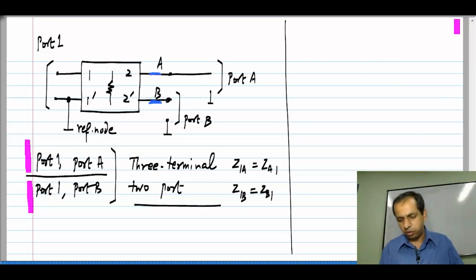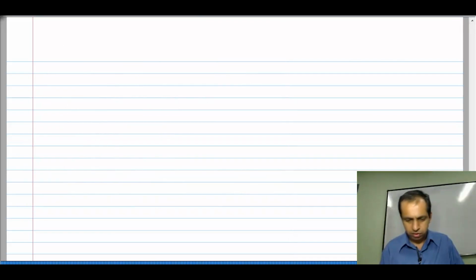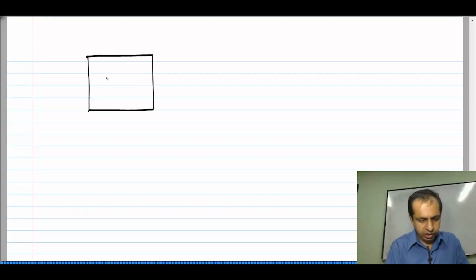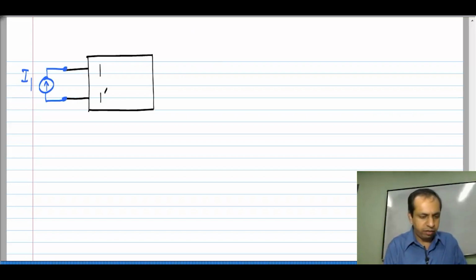So, now let me try out the two cases. In the first case, I will apply I1 to port 1 and leave port 2 open circuited, and let me define this as the reference node.